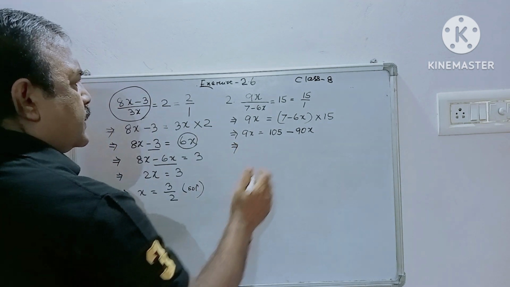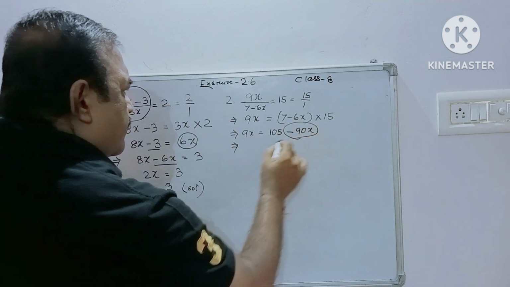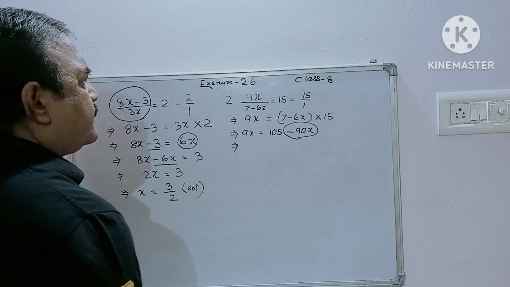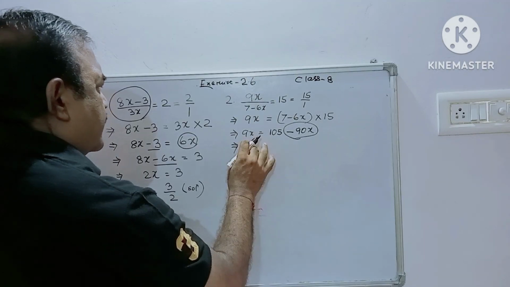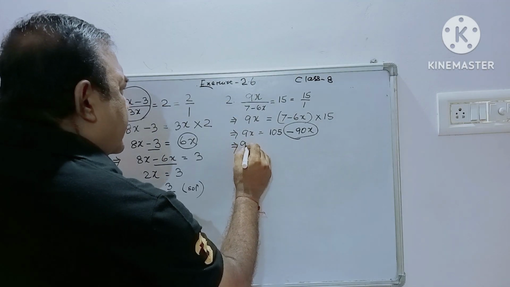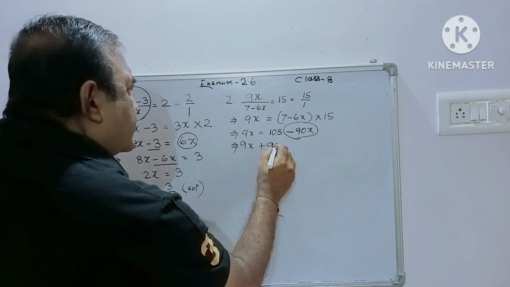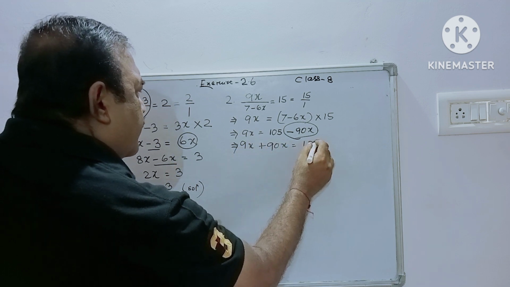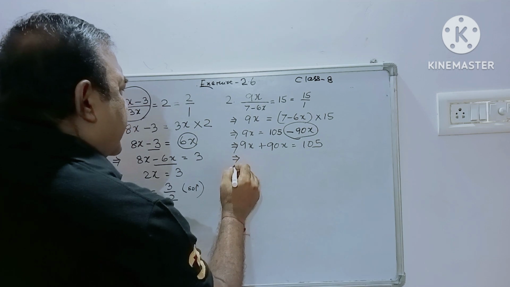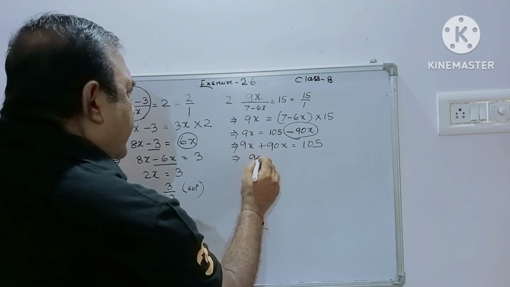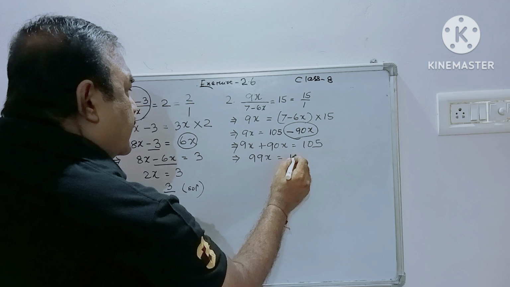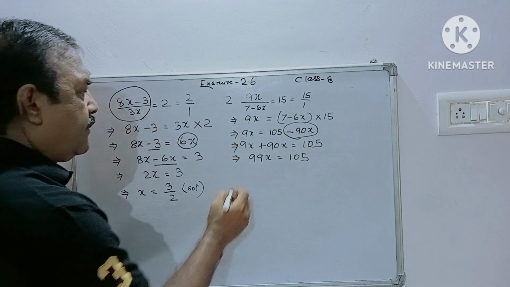So you transpose minus 90x to the left hand side, that is 9x plus 90x is equal to 105. That implies 99x is equal to 105.